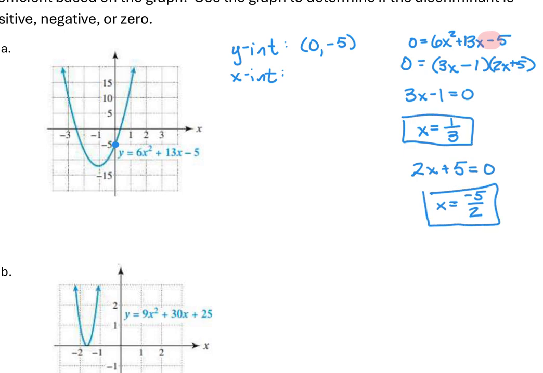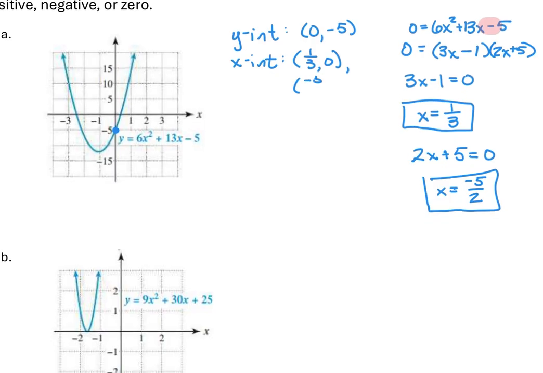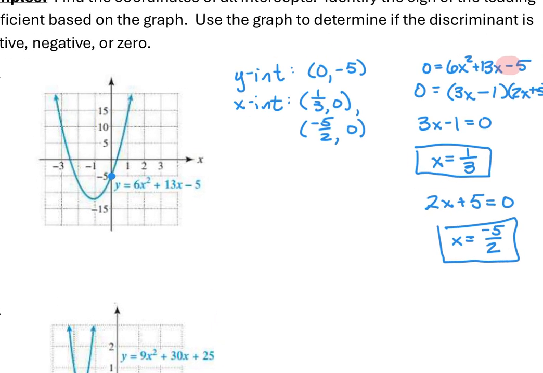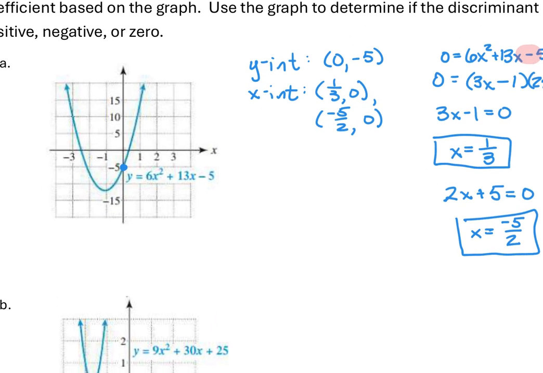We do want x-intercepts in point form, and so we're going to go (1/3, 0) and we're going to go (-5/2, 0). And that looks to be about right. Positive 1/3. Our other one we have is -2.5. And that's what we've got.